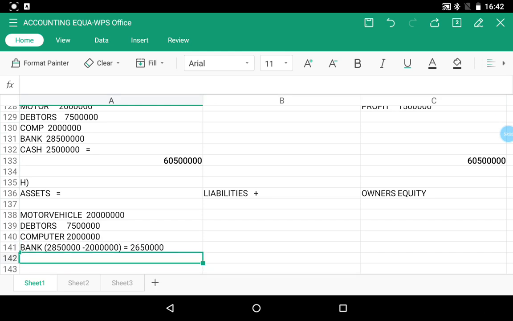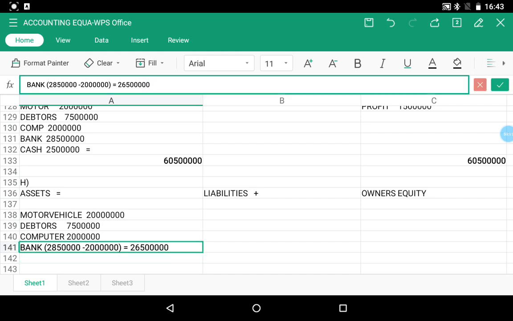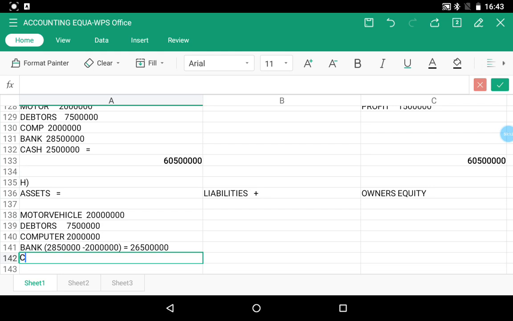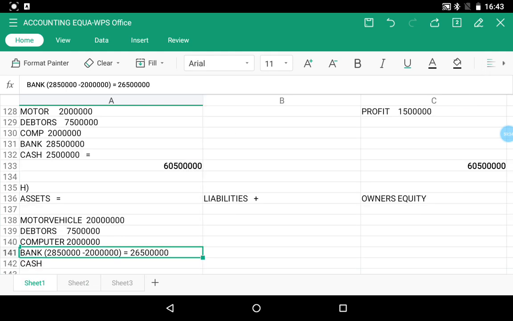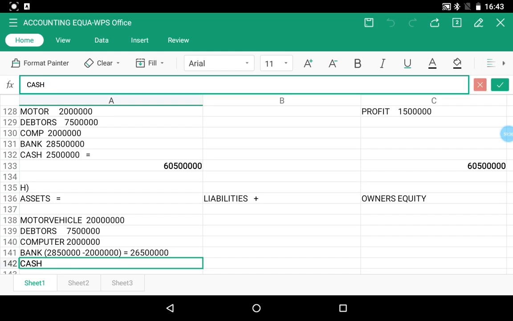Then we have our cash. Remember this 2 million is the one we used to pay rent for personal use, and we have said that we consider it a withdrawal. So our cash is still the same, 2,500,000.